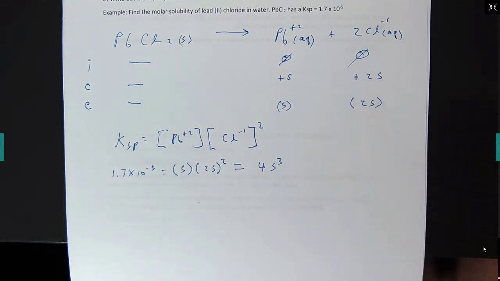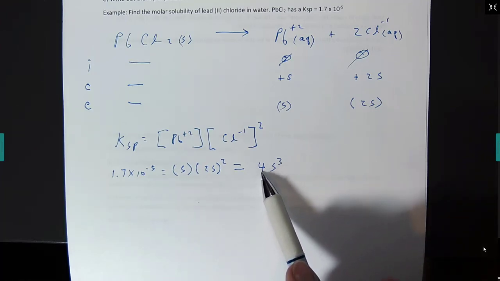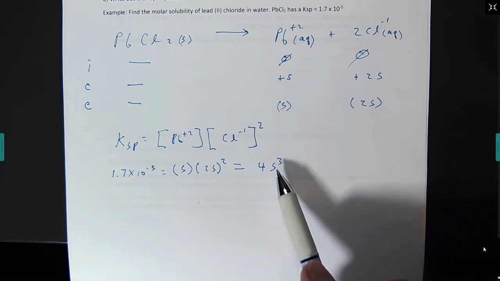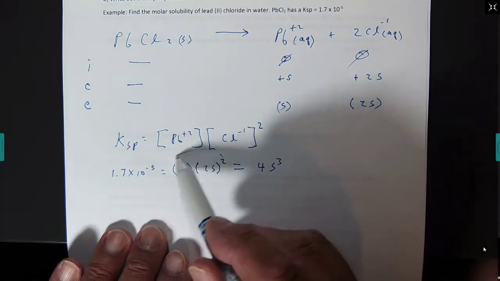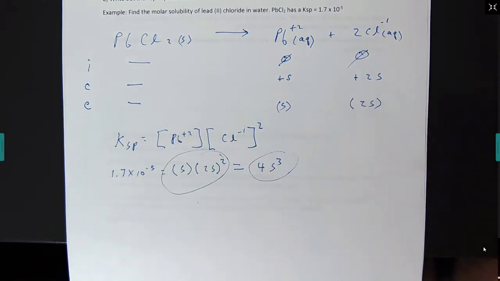Most common mistake people make on a quiz or an exam here is they end up writing either 4S squared or 2S cubed. Be careful with this part where you go from here to here. Don't make a silly algebraic mistake. It's real easy to do if you're in a hurry.